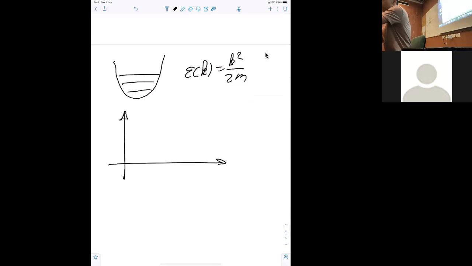So let us think about some effective two-level model. We have some effective Hamiltonian which describes a two-level system.